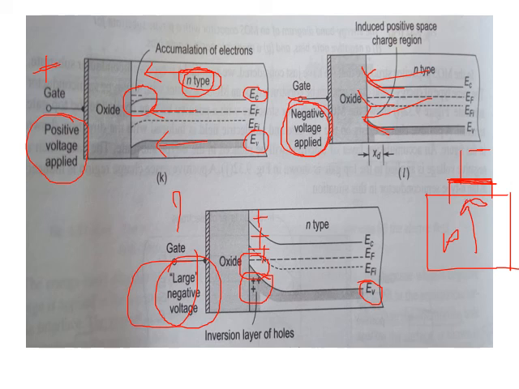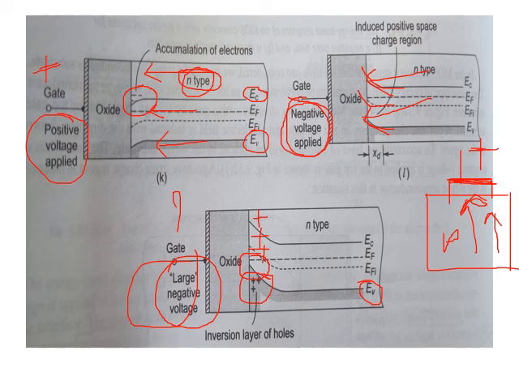All the holes will be attracted. What is this phenomenon called? Carrier accumulation. What if I apply positive?